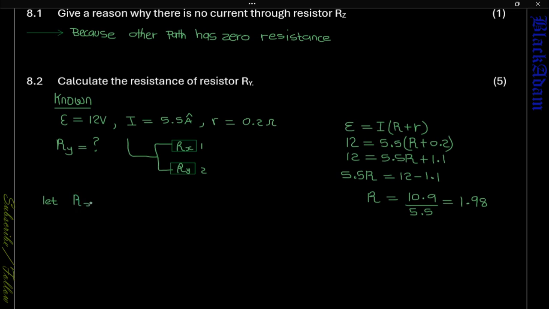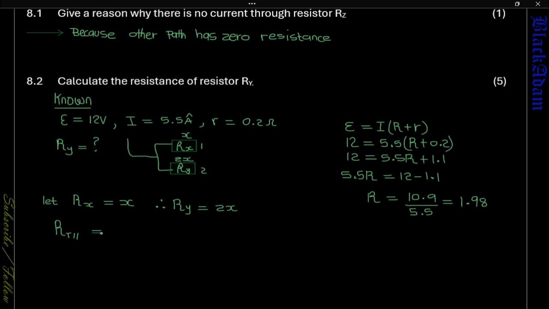And then let Rx equal x, and Ry, because it's 2 times, would be 2 times x. So we have x and 2x.